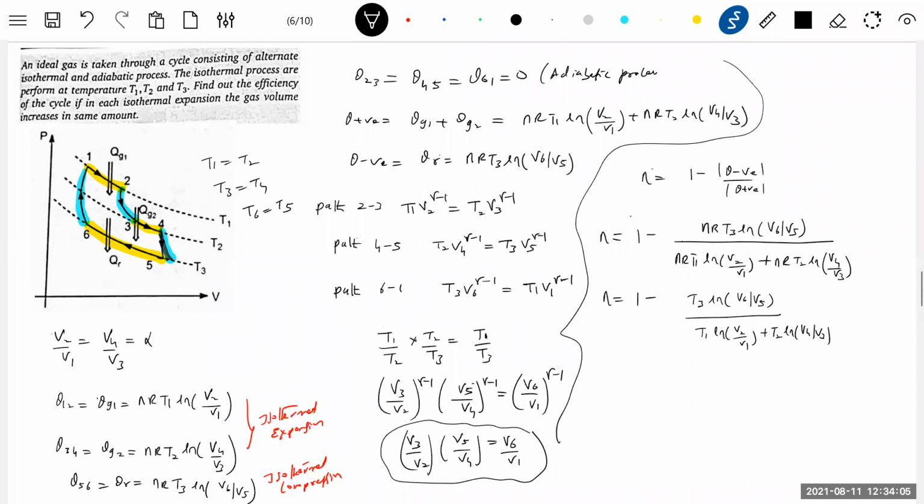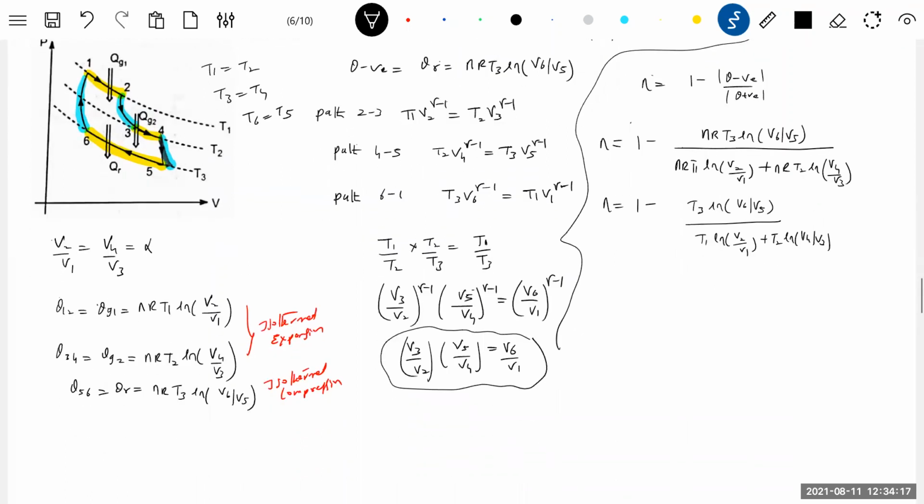V2 by V1 is alpha, V4 by V3 is alpha. What about V6 by V5? Anything can we write? I think we need that V6 by V5 is needed for us. I'll take help of this equation.